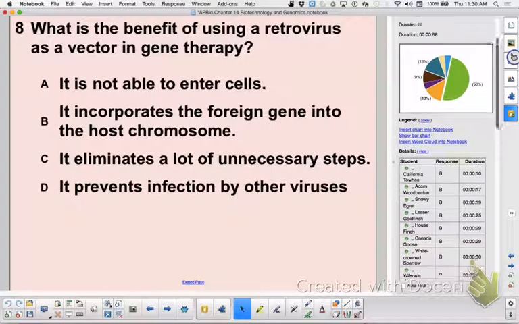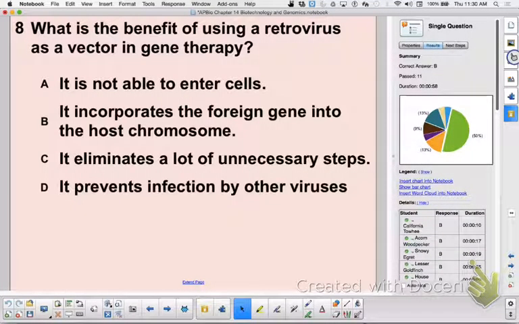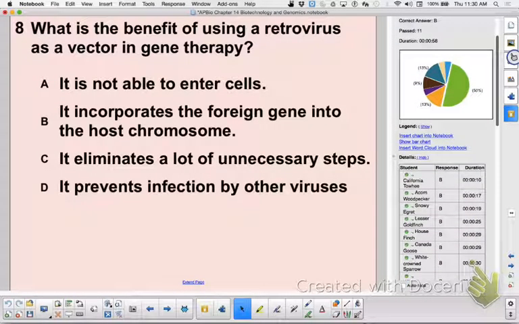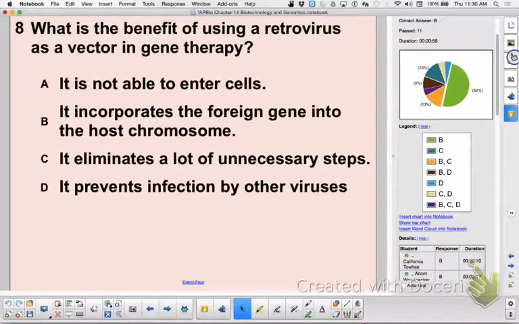Oh, 50% of you get the gong. Show your clicker. Show your clicker. Good job, California. Let's not look at yours. All right. A lot of you got B. Okay.